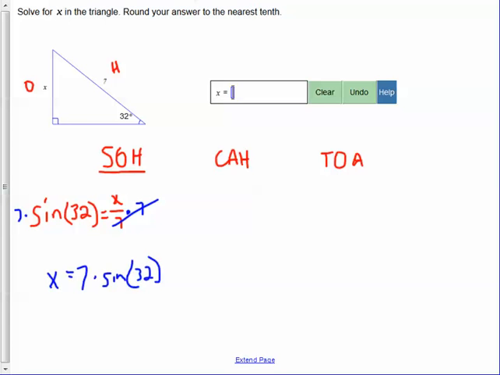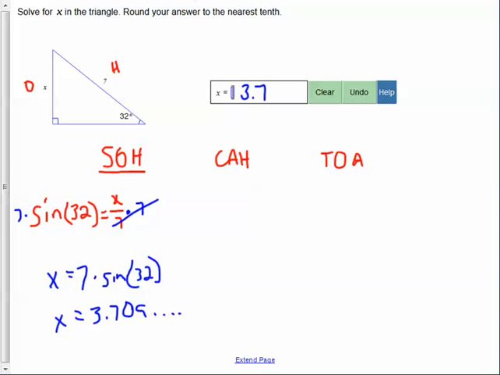When we do that, we get x equals 3.709 and then a bunch of other numbers. The directions tell us to round to the nearest tenth, so x is 3.7. So we can use these sine, cosine, and tangent ratios to find a missing side.